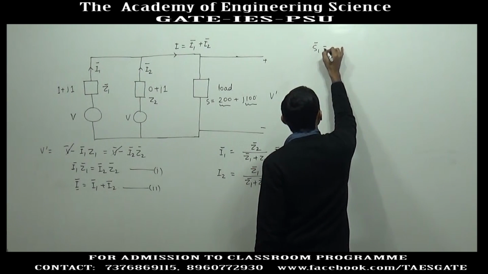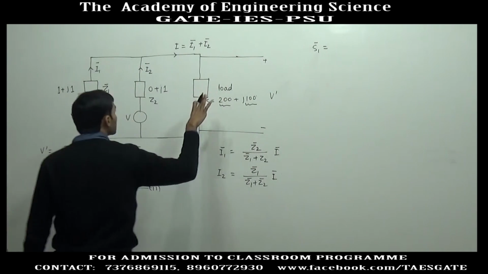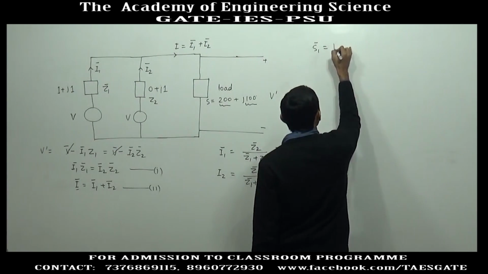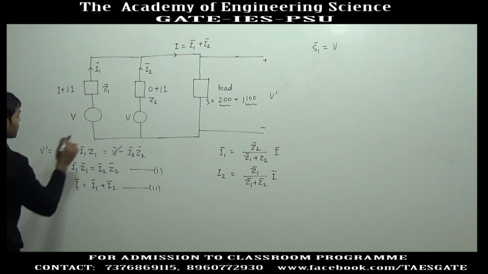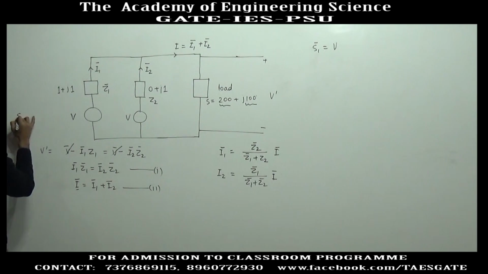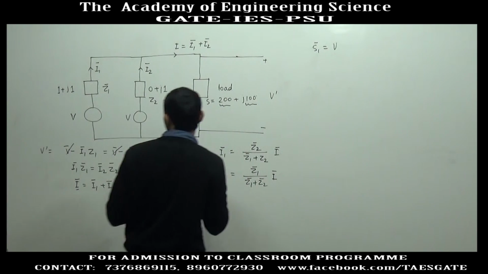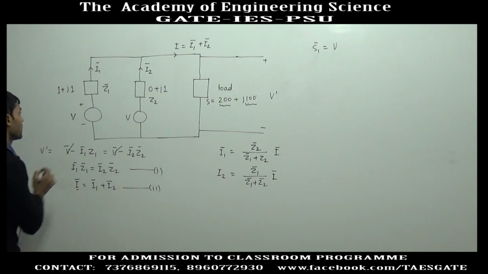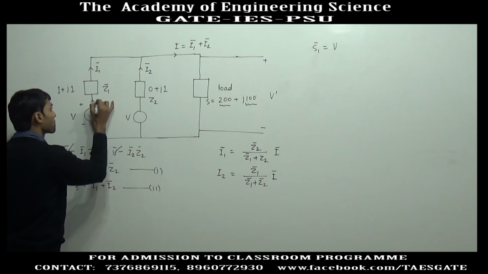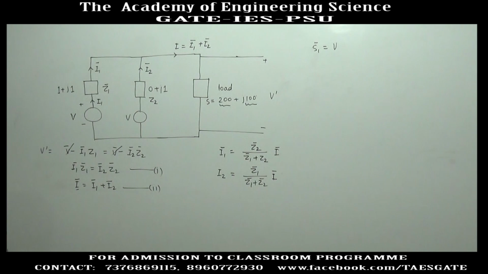This will not simply be V into I1 star, the power supplied by generator 1, because the generator voltage is V and it is supplying current I1.